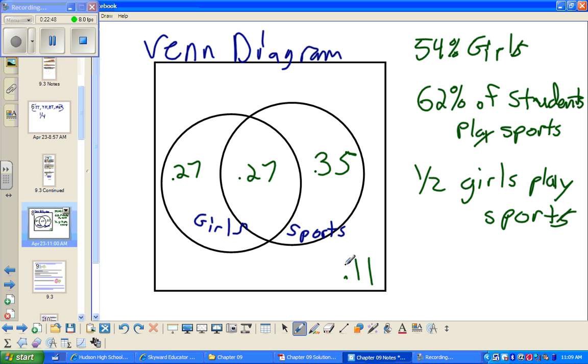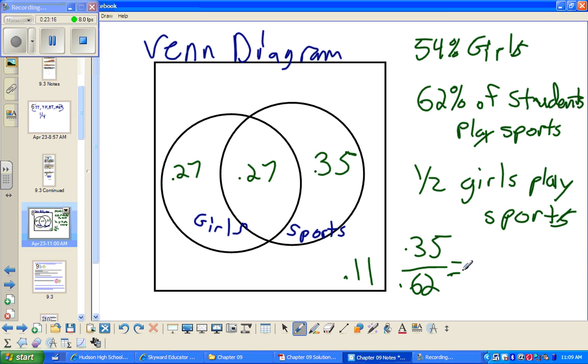If we wanted to find out what percentage of students who play sports are boys, we'd have to take the percentage of boys that play sports, that 0.35, and divide it by the percentage of the people that play sports, which is 62% of students.